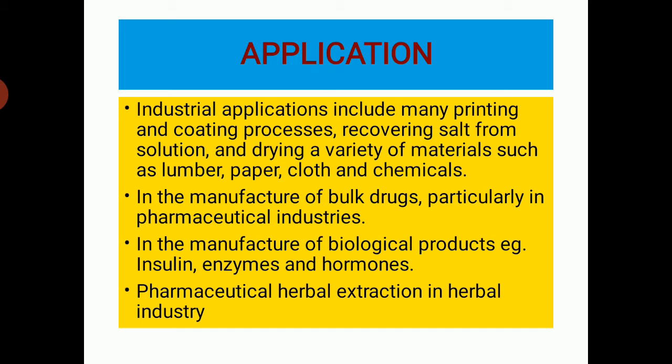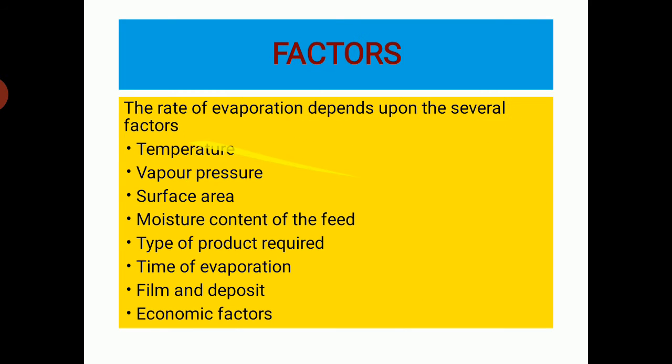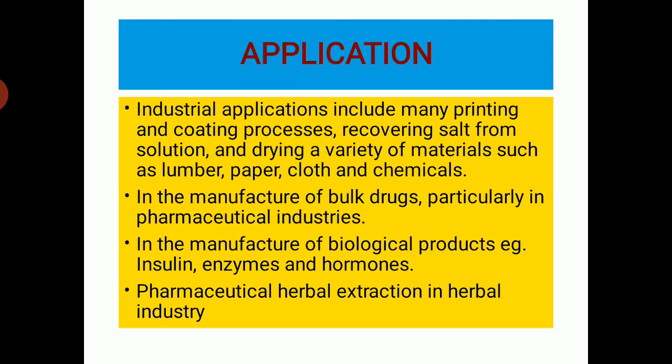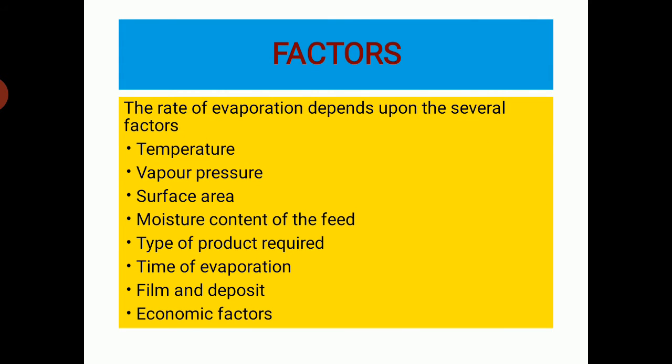The manufacture of biological products: evaporation is used for products such as insulin, biochemical products like penicillin, and plant products. The preparation of blood products such as blood plasma and serum involves evaporation. Enzymes, hormones, and antibiotics are also prepared.